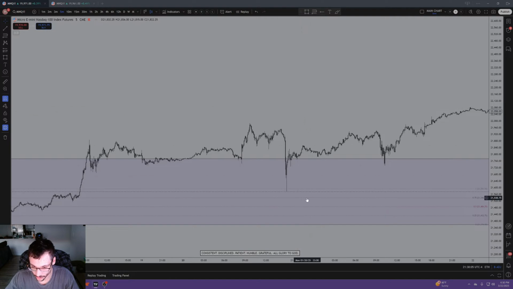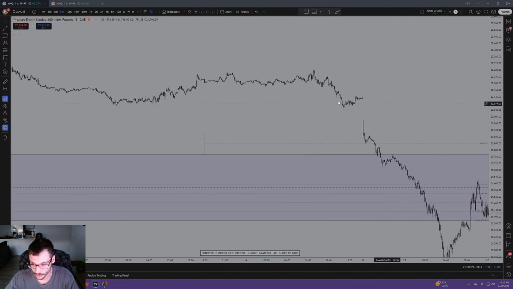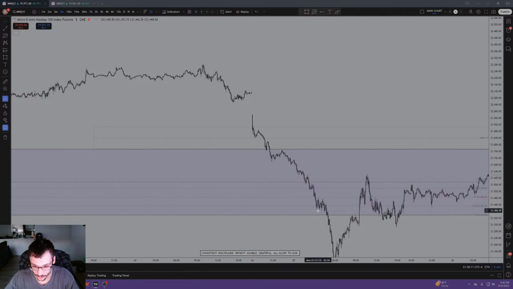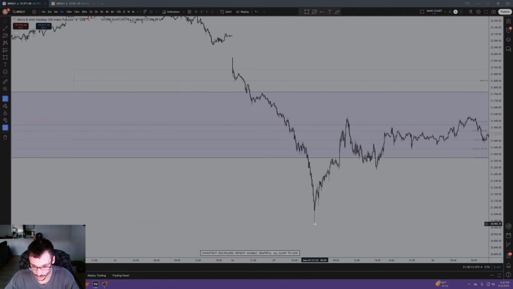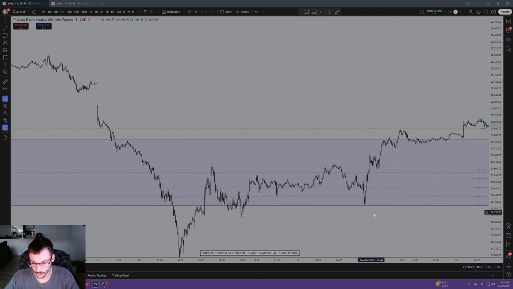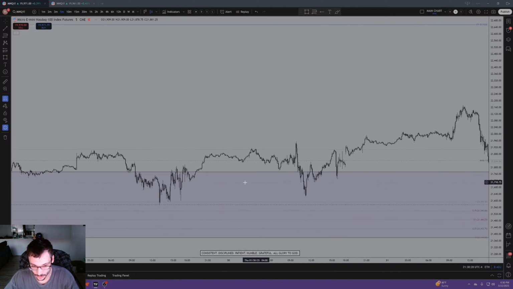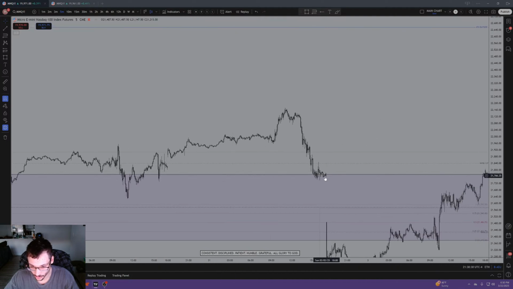Sorry, I'm getting all turned around. And then it holds the top of it, comes back down, uses it, and sends it lower. You can see the midpoint uses it. But then it comes back up to it and holds the opening price, holds the top of it.